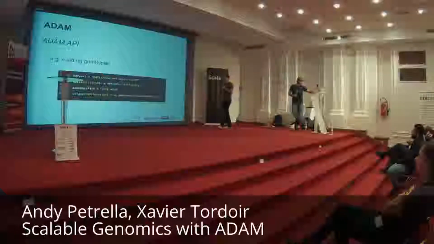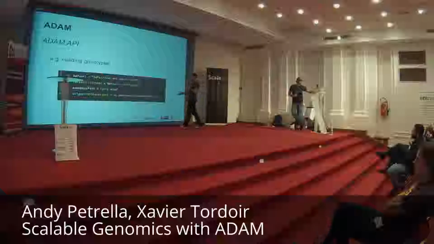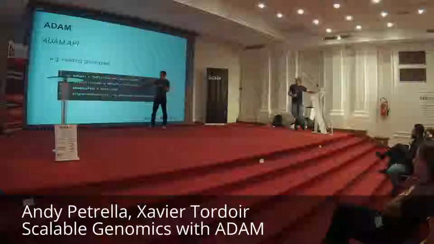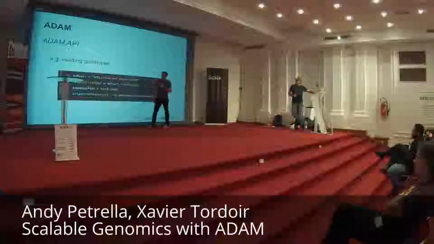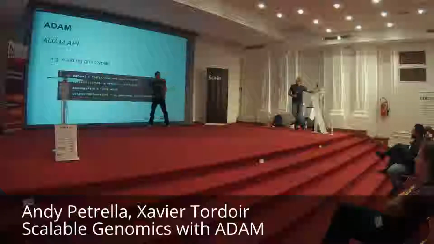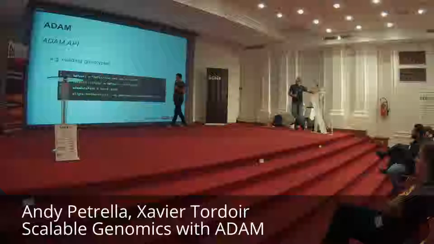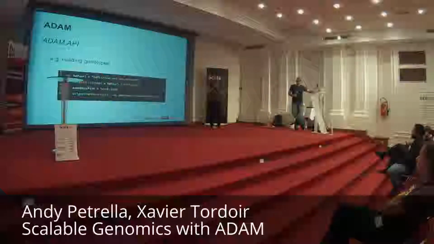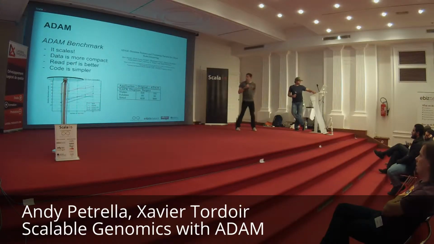For example, reading a dataset that is saved in the ADAM format from the HDFS is as simple as the Spark context, ADAM load, and the URL of the file.